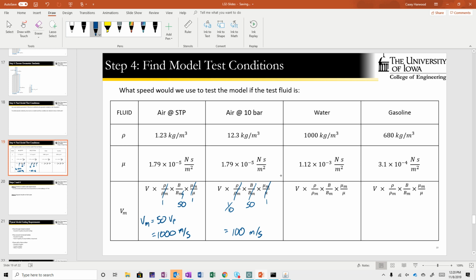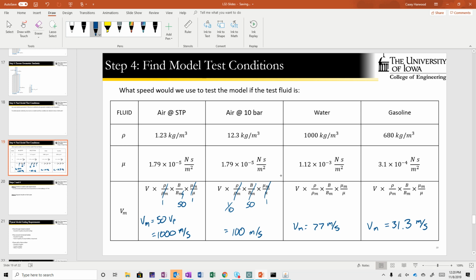If we go with water, we end up with 77 meters per second. And finally, in gasoline, we would only need to go 31.3 meters per second.